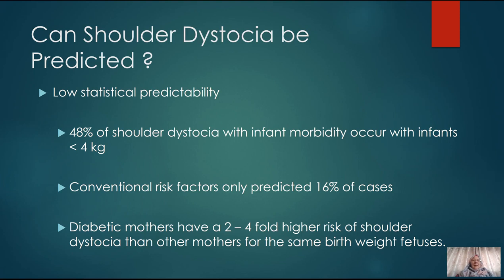This accumulation of fat can lead to a larger abdominal circumference than head, leading to shoulder dystocia. So this patient group is at very high risk and has to be always regarded with care. If diabetic mothers appear to have big babies, this has to be regarded with care.